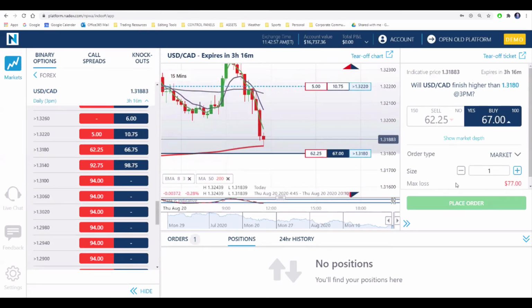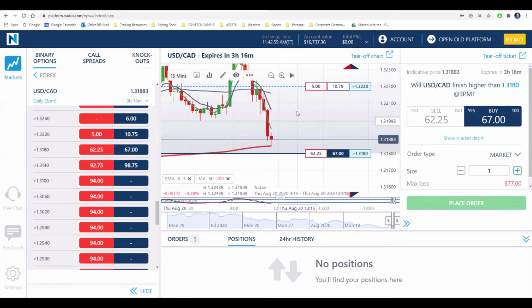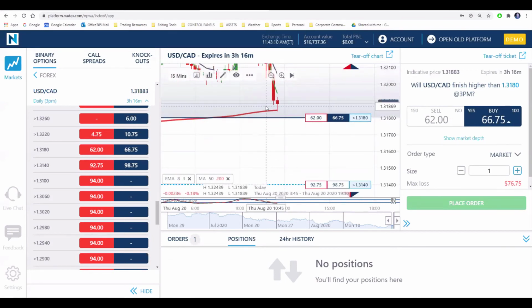So I would definitely be a bear right now. I chose an expiration at 3 p.m. U.S. time, which is 3 hours and 16 minutes from now. So my proposition might well be, it's coming down into the 200-day moving average, but if it breaks through there, then this strike price here at $63 is not looking bad.